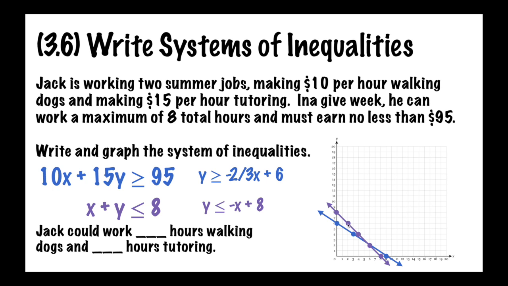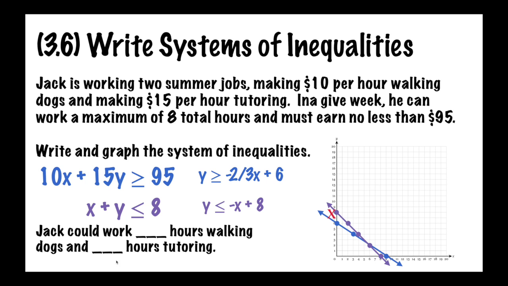So below this line is either going to put me in this region or in this region down here. Therefore, the overlapping region ended up being this section right in here. Now, really, I shouldn't be going into the values where x is negative because you can't work a negative amount of hours. So it's really just going to be this little triangular area right here.